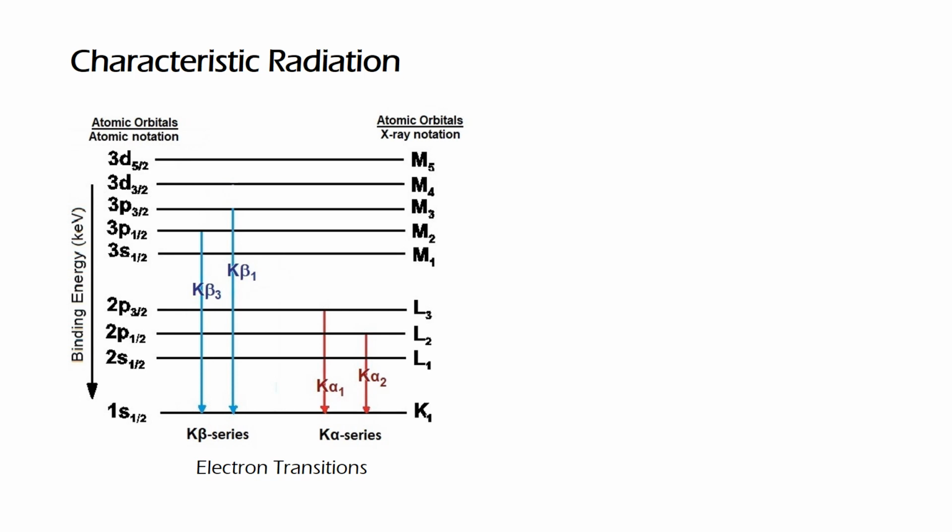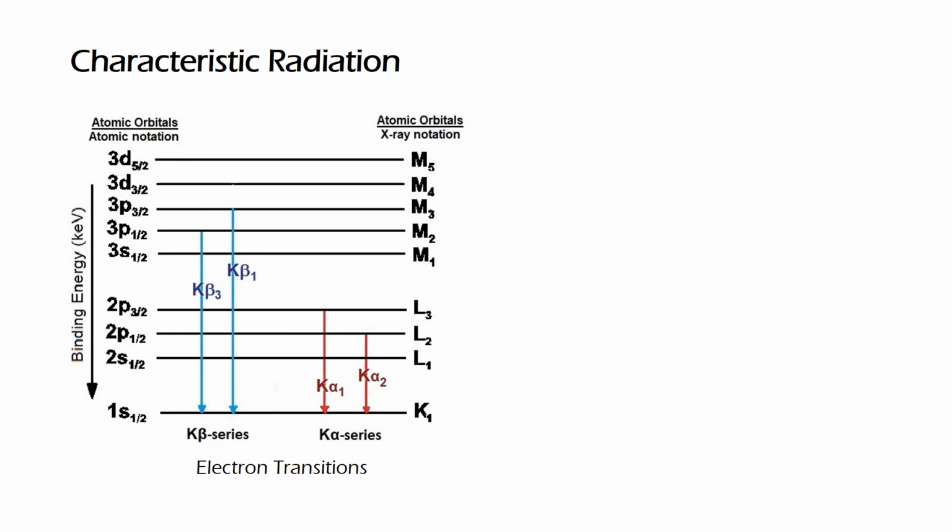Since the binding energy is strongest for the shell closest to the nucleus, the K shell has the strongest binding energy. Also, there is slight variation in the binding energy in the orbitals in the other shells, here L having 3 orbitals and M having 5 orbitals. K-alpha series and K-beta series are characteristic X-rays produced when electrons from the L and M shells respectively fill vacancies in the K shell.